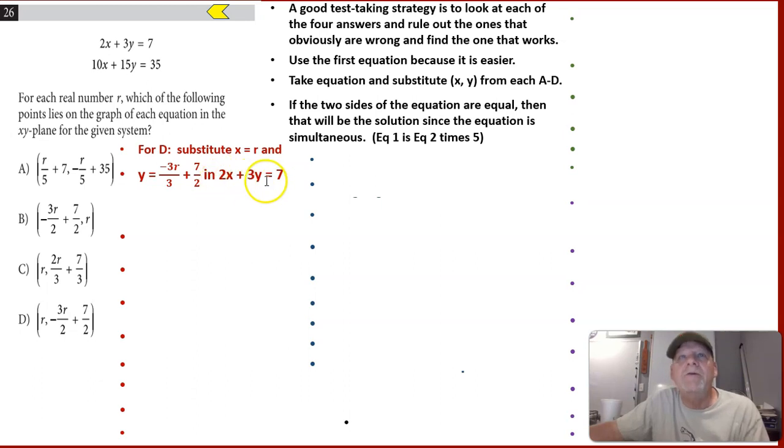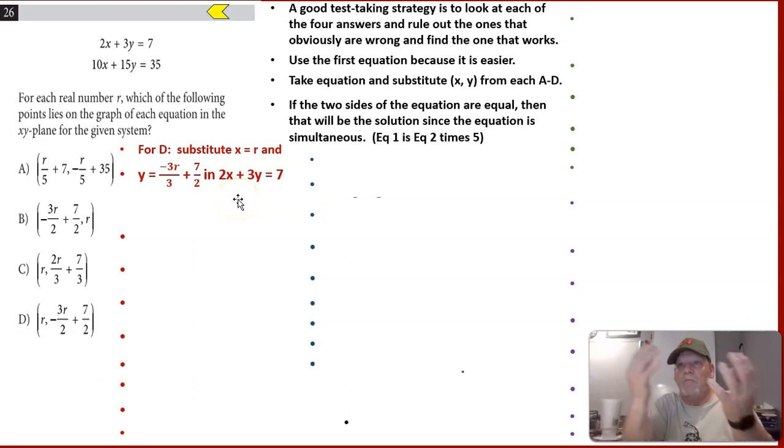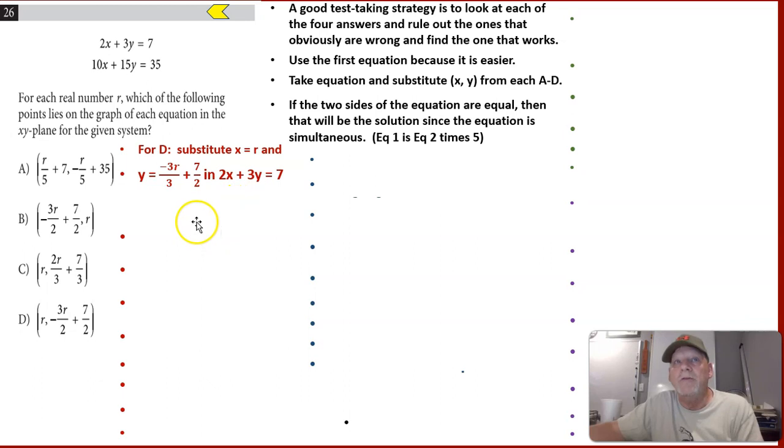Multiply the r by 2, and then that long rational expression by 3, and say it equals 7, and substitute it. And if I get the same number on both sides, it means that it is on that equation. So it's just a matter now of doing that. So I substitute it in.